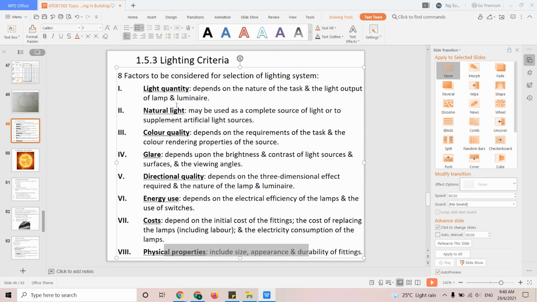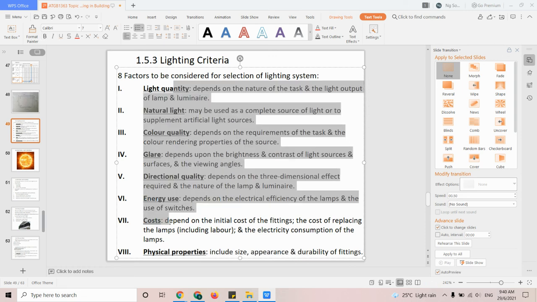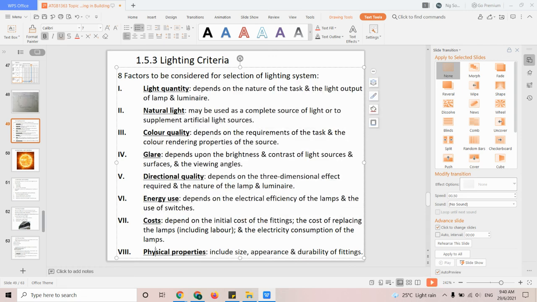Okay, and then finally, after all the considerations are done and you know that you need to install a few lights at a few points in your house or area, then you have the consideration of physical properties. Based on personal preference, if cost is not a concern, then we can have different shapes and sizes for our lighting.